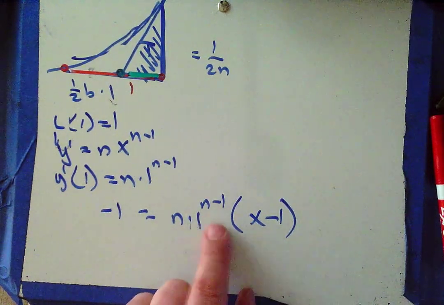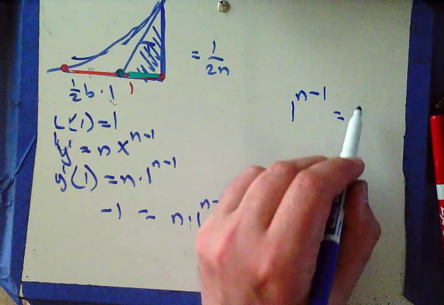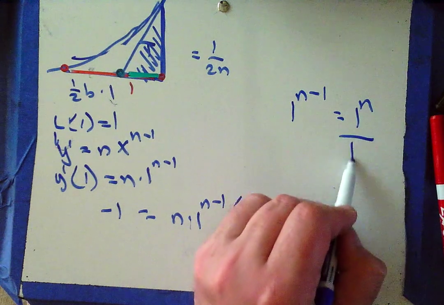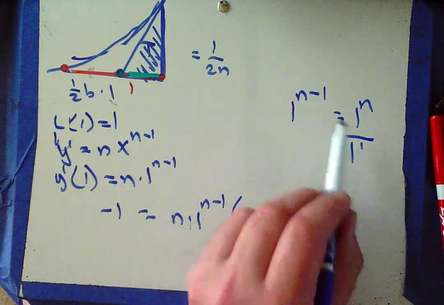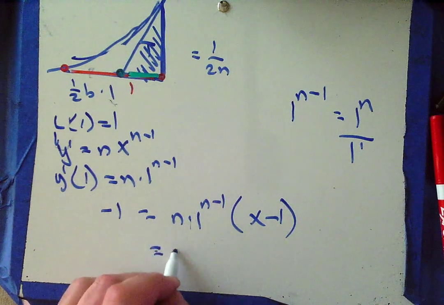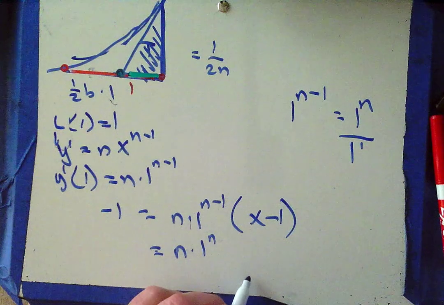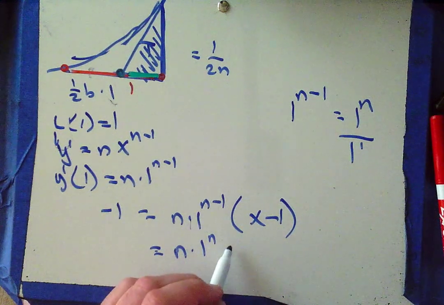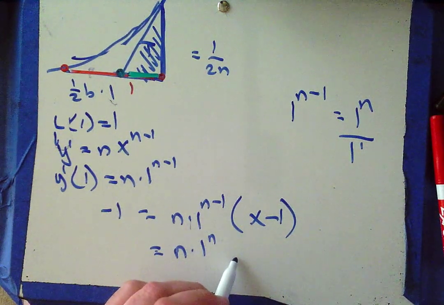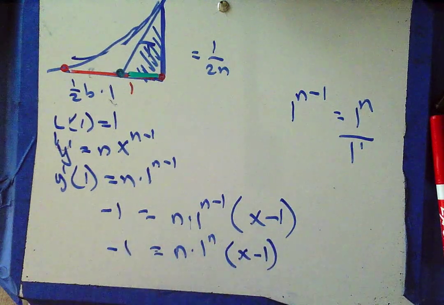Now, let's see if we can tidy this up. 1 to the n minus 1 is the same as 1 to the n over 1 to the 1. So that's just 1 to the n. So I've got n times 1 to the n for x minus 1 equals negative 1.